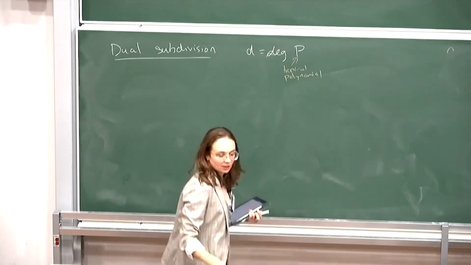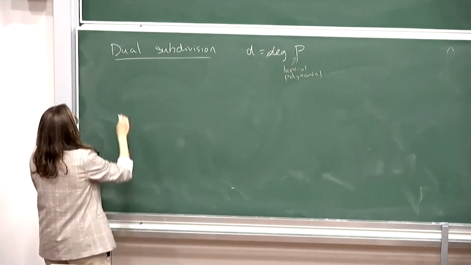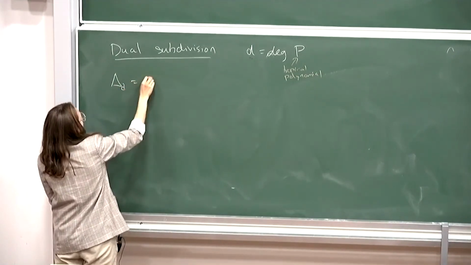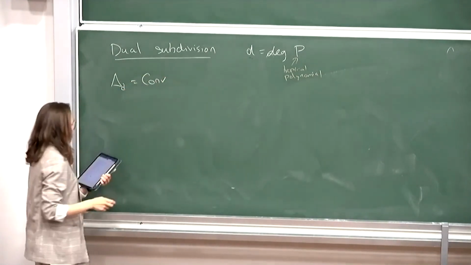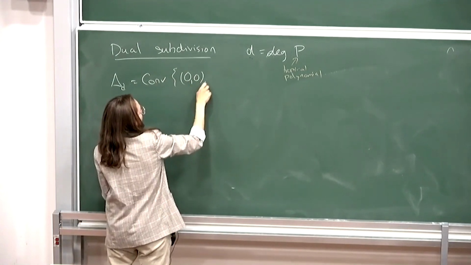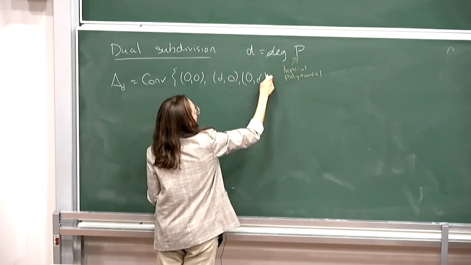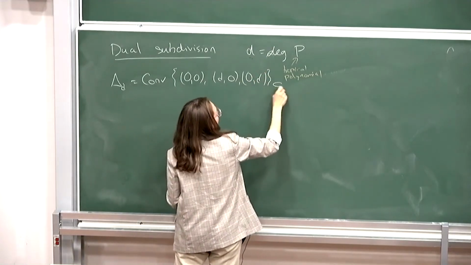And let's also call this the degree of the tropical curve. Then let delta d be the convex hull of the following points: I take 0, 0, I take d, 0, I take 0, d in R2.